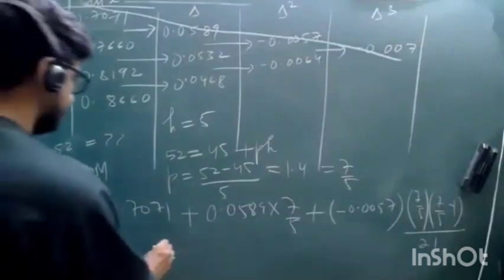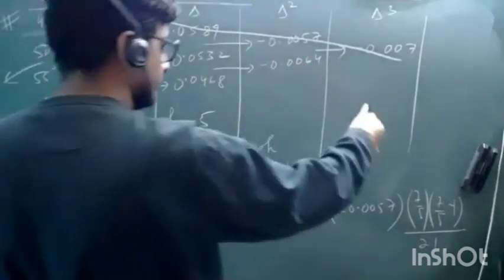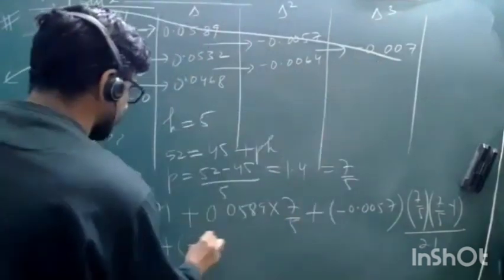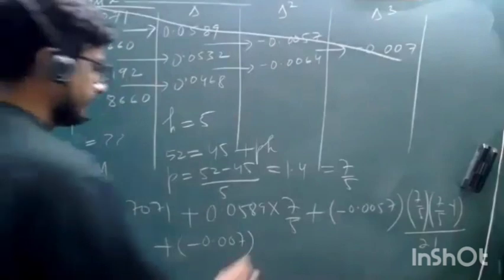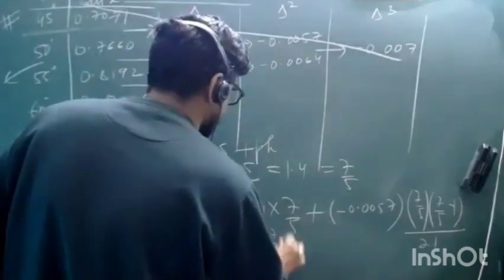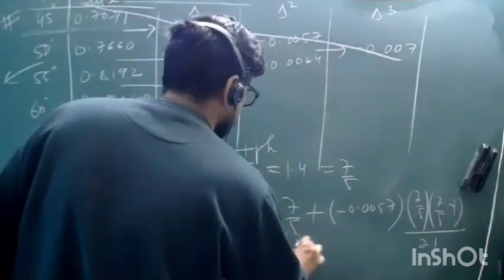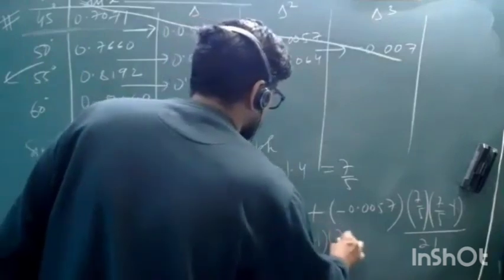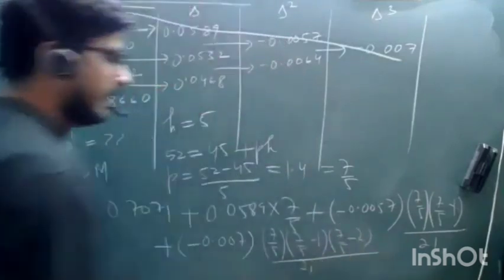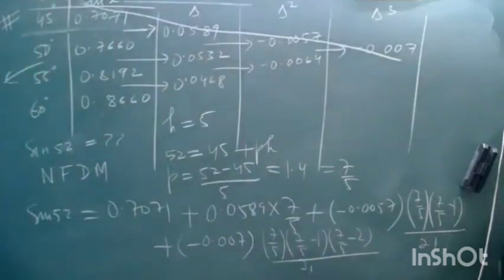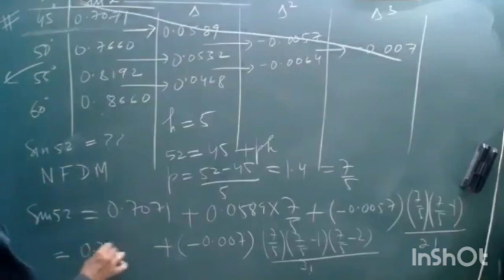And the last one, this one, minus 0.007 into 7 by 5 p minus 1 p minus 2 over 3 factorial, correct? So the final answer you will get is 0.7880. That will be your answer.